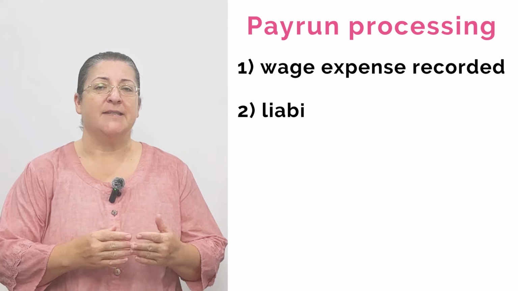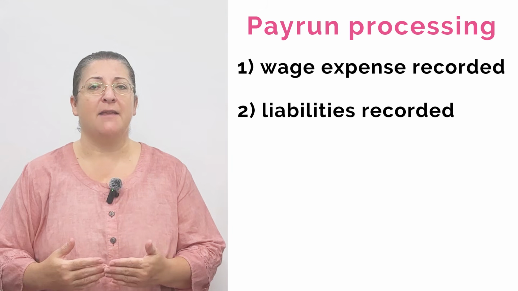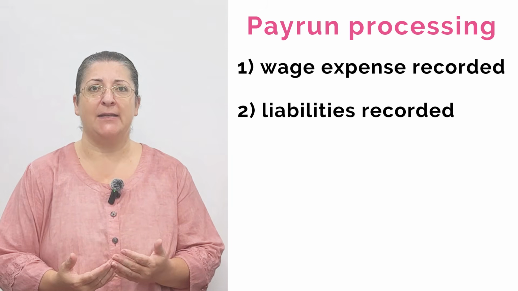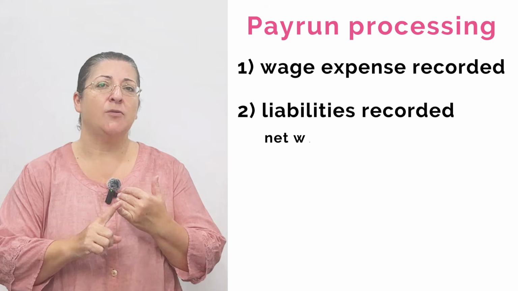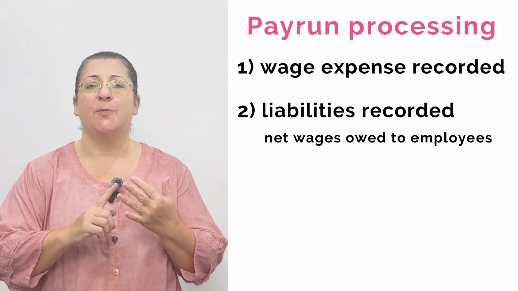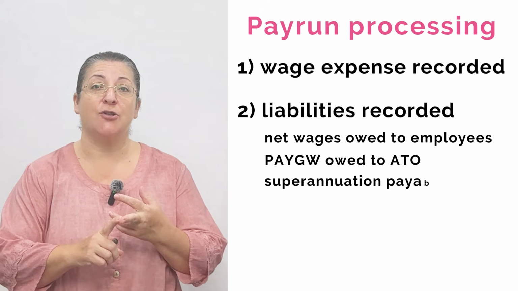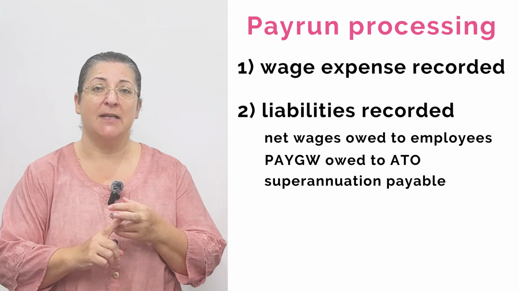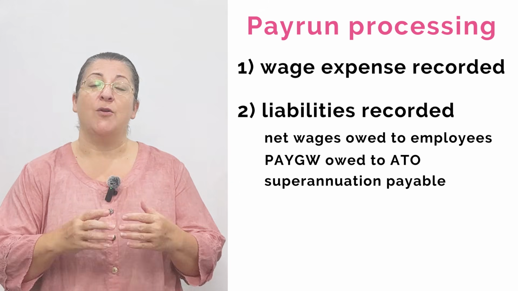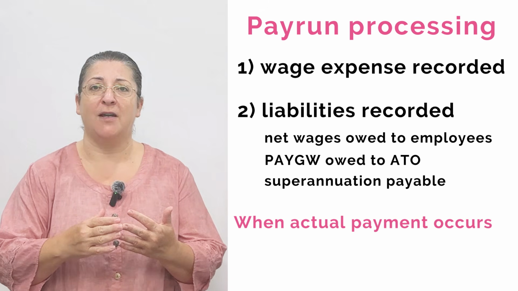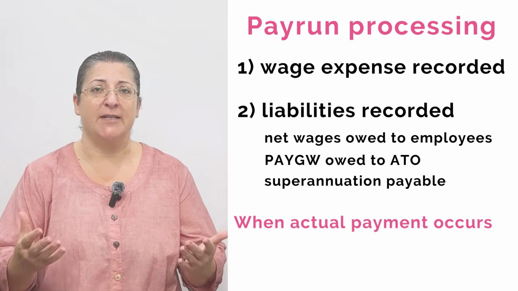And second, Xero records the liability. These represent what the business now owes and hasn't yet paid. That includes the net wages owed to the employee, the PAYG withholding owed to the ATO, and the superannuation owed to the employee's funds. Now here's the key. When you actually pay the employee or the ATO or the super fund, you are not creating a new expense.